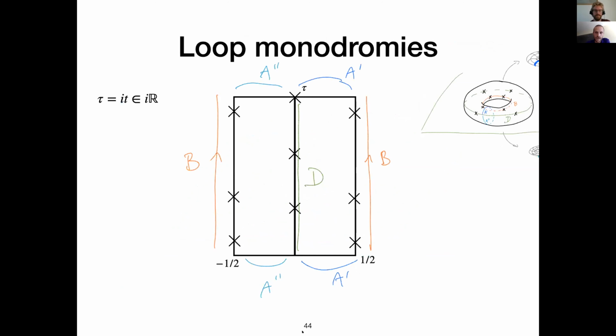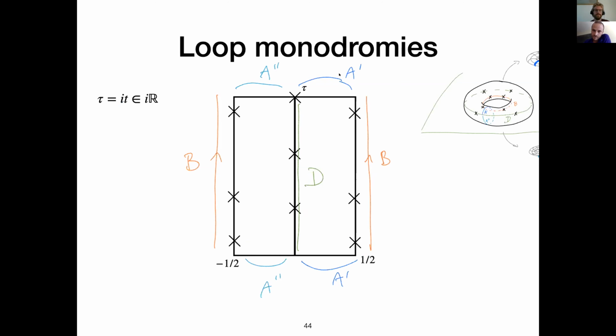So we have our annulus, we have our torus. It's a fundamental domain of the torus, going from -1/2 to +1/2, and the height is given by the modular parameter. In general, tau can be complex, but for both annuli to be copies of each other, it needs to be purely imaginary.